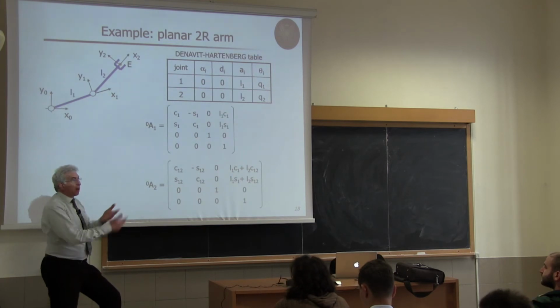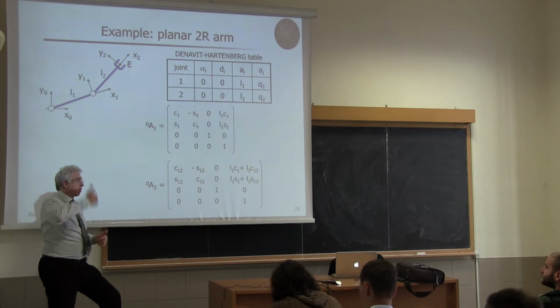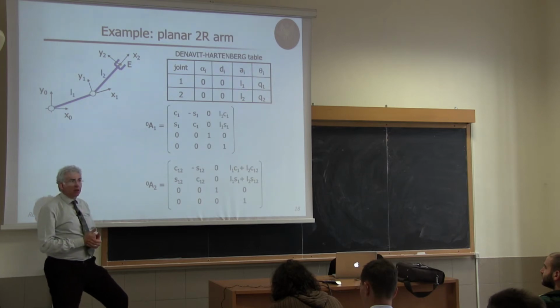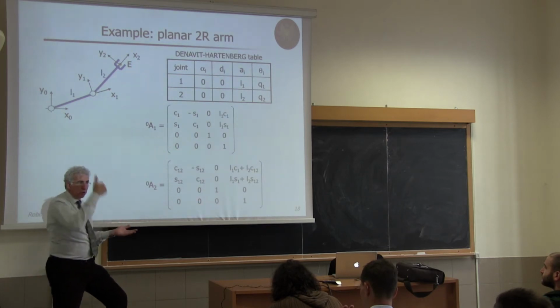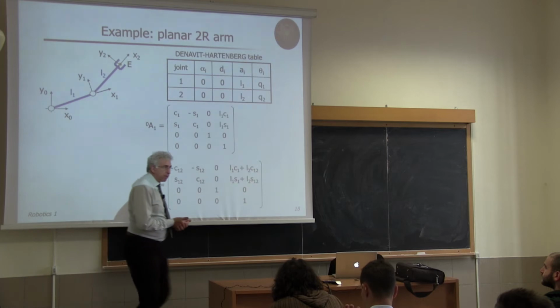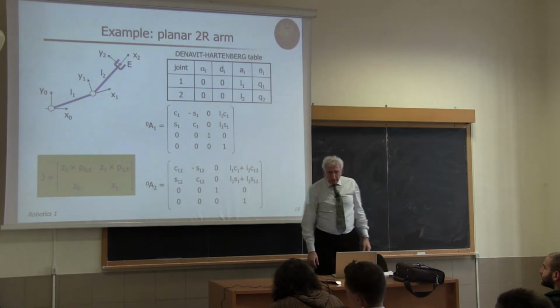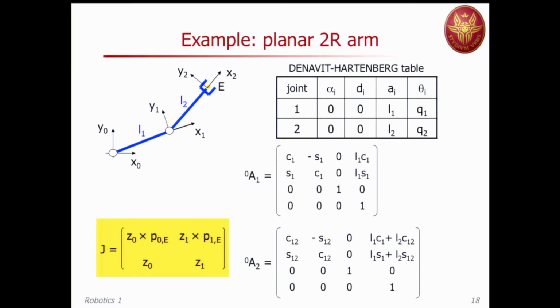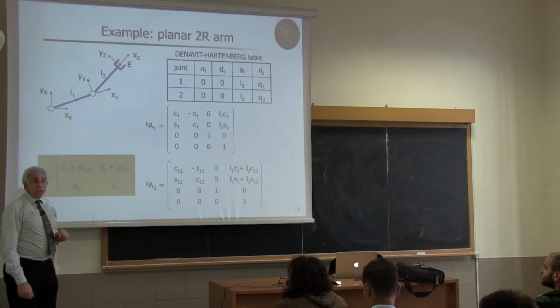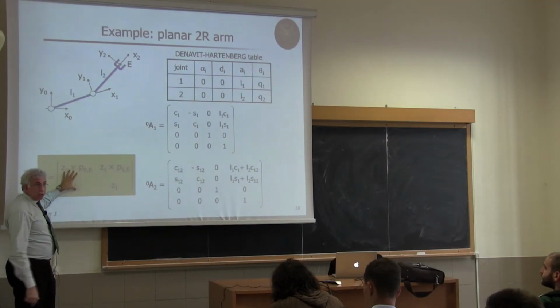Of course, this is a planar case, so I already know that the angular velocity will be only directed along the normal to the plane of motion, so it will have only a z component. Okay, but still I can compute everything. So my Jacobian is a 6 by 2 matrix, because always 3 and 3, and this is the number of joints. And since both joints are revolute, they take the general expression of revolute joints.